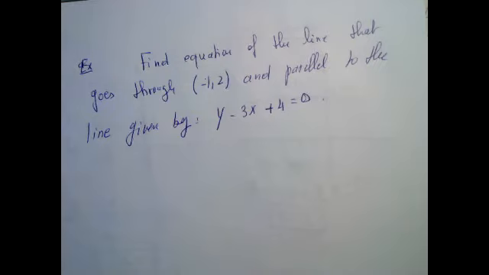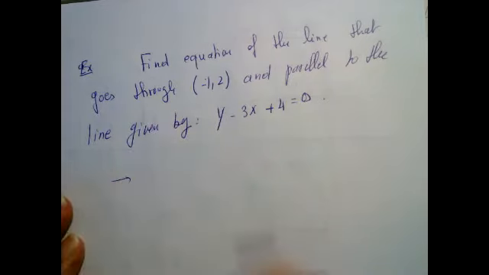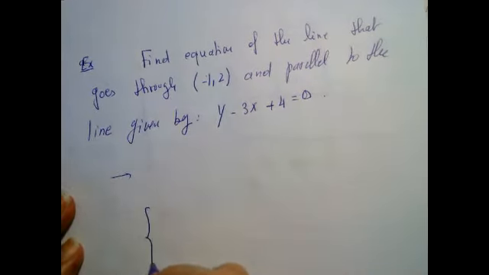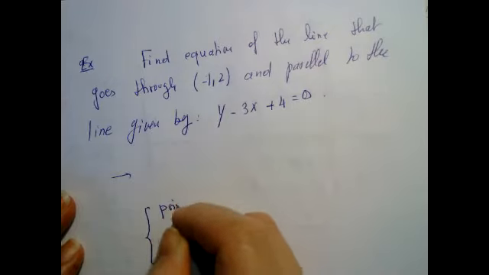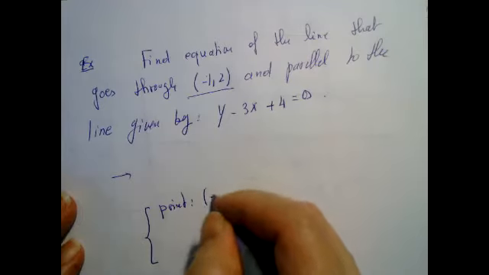Is this an easy problem or a hard problem? Remember, to find the equation of the line, we need the slope and a point. If I know the slope and I have a point, I know the line. So I'm gonna leave some room here. What's the point on my line? -1, 2. Okay?